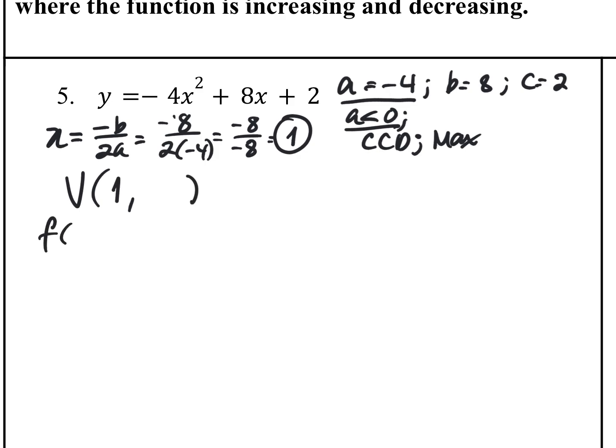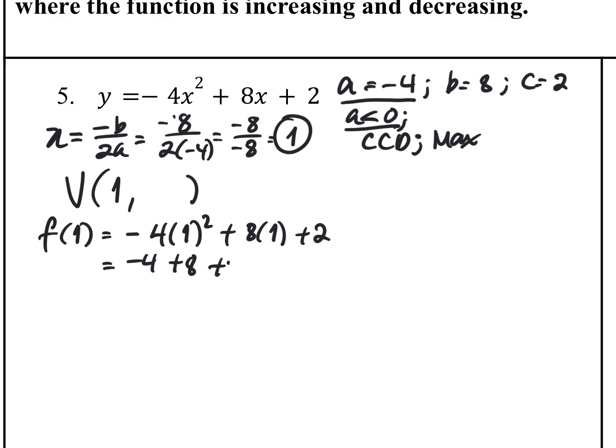Now I'm going to put f(1) into the equation, which is -4 times 1 squared plus 8 times 1 plus 2. This is going to give you -4 plus 8 plus 2, and that's going to give you 6. Okay, here's my vertex already.